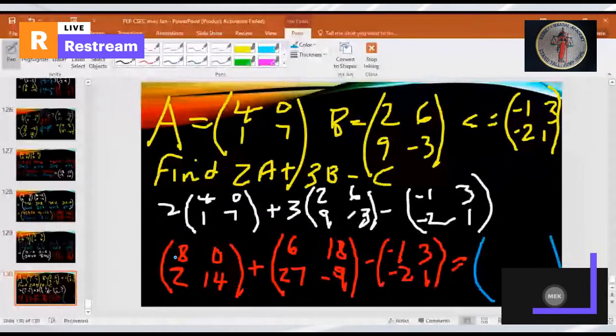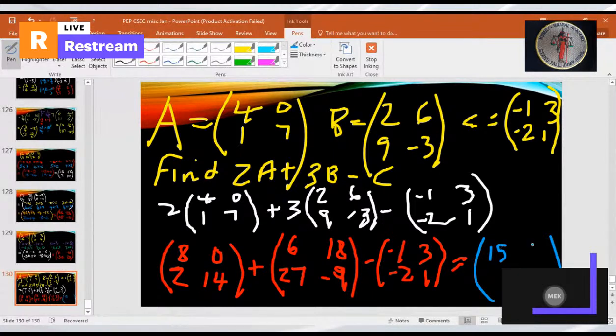So that will give 15. 0 plus 18 is 18, minus 3 would also give 15. 2 plus 27 is 29, minus -2, so this is plus 2, 29 plus 2 is 31. And 14 minus 9 is 5, minus 1 is 4.